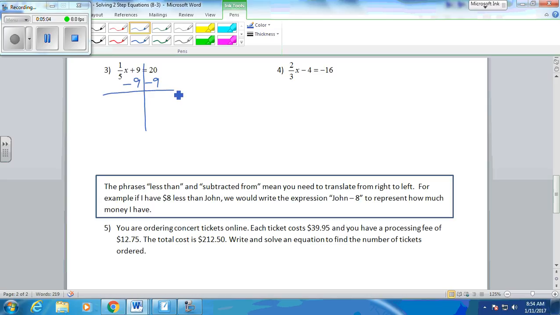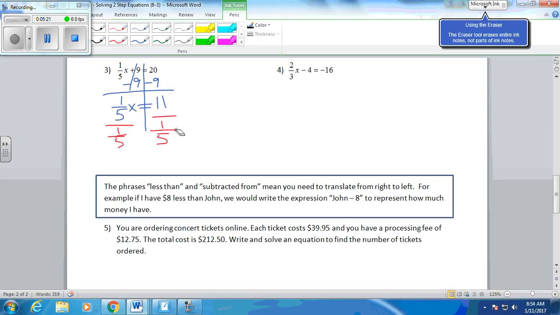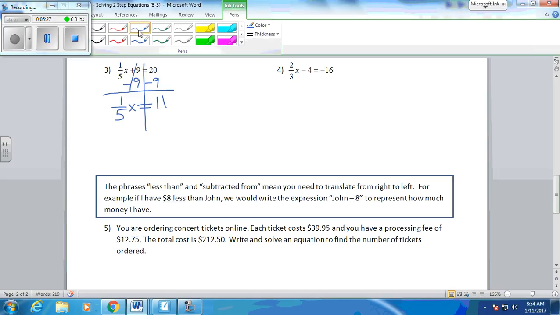We're undoing the problem. So I'm left with 1/5 x equals 11. And then I could, and I'm going to show it in red, I could go 1/5 and divide by 1/5 on both sides and figure out the answer. There's nothing wrong with that, but we've also talked about this before, that if I have a fraction times a variable, in order to isolate the variable, all I need to do is multiply by the reciprocal.